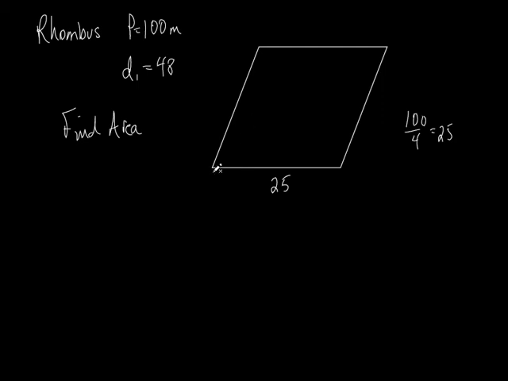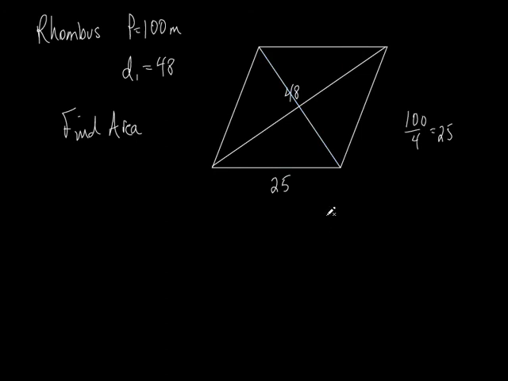So let's draw a diagonal right here, and we'll label that. So that diagonal is 48. And we want to find the area of this thing. Well, how do you find the area of a rhombus? A couple ways. Let's draw another diagonal, because we have another equation with the diagonal. That would be helpful to us.